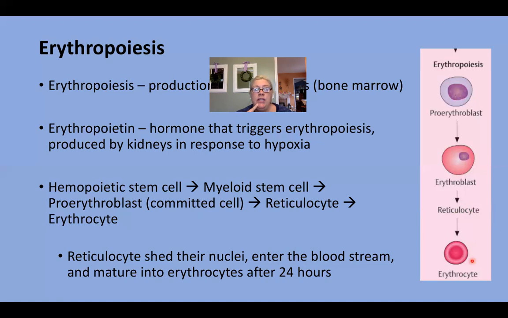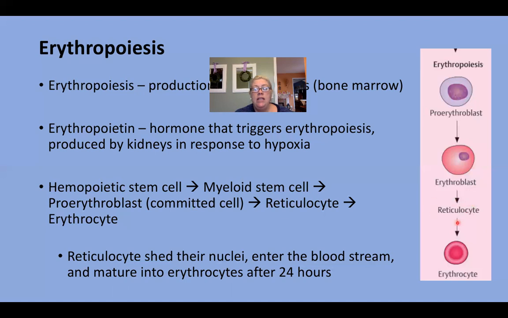So an interesting thing about the erythrocytes or red blood cells is that they do not contain nuclei. They also don't contain organelles. The erythroblast, as you can see here, has a nucleus. The proerythroblast has a nucleus.